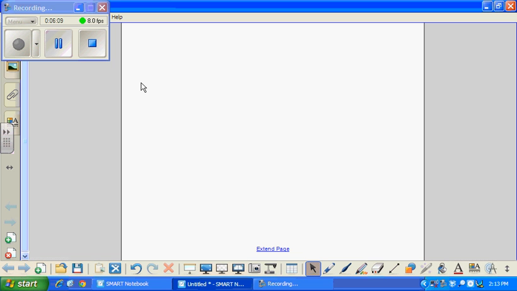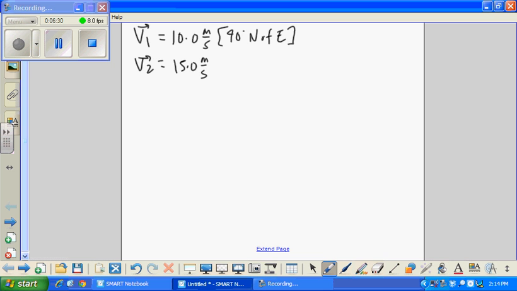So in this question, we have V1 equals 10 over, and we're given a time of 10.